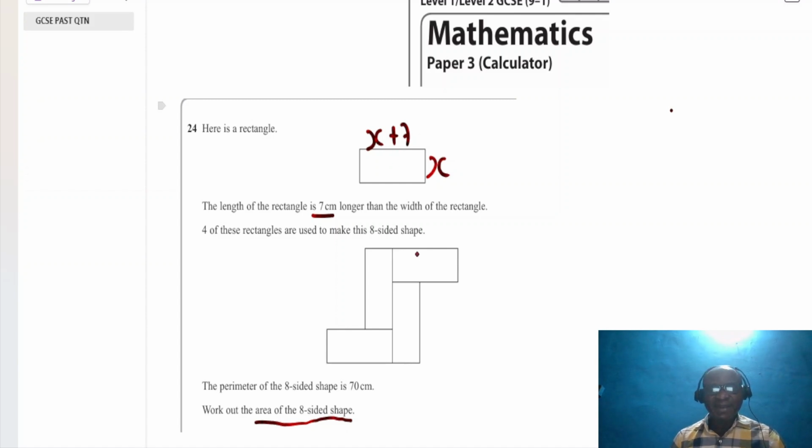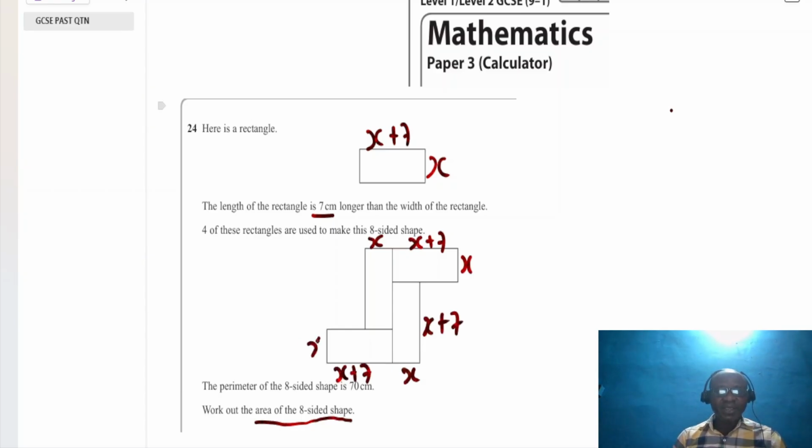Now, to find the perimeter, we are going to label all the sides of the shape. This width has a value of x, while the length here is x plus 7. Here is x, here is x plus 7. This place is going to be x, and this place x plus 7.